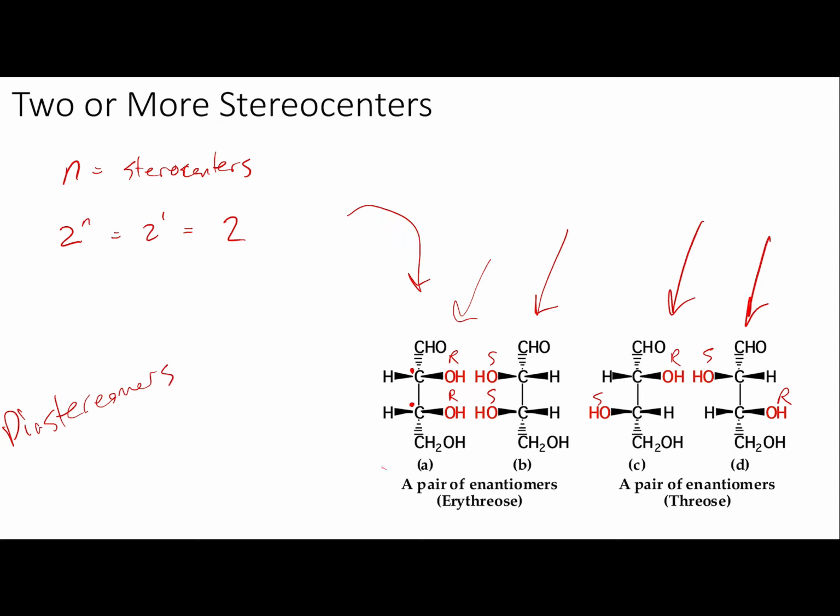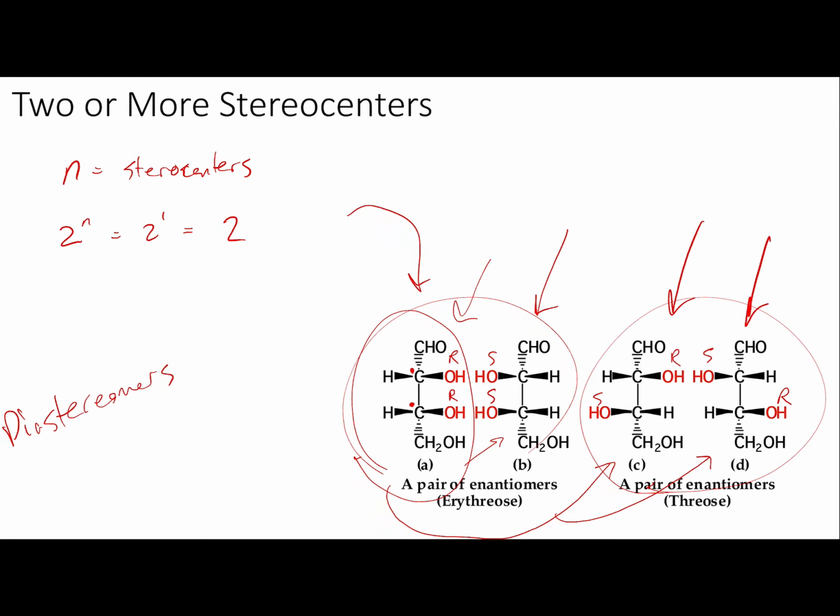So for example, this guy, while he is a mirror image with his enantiomer buddy, is a diastereomer with both of these because they are stereoisomers, but they are not mirror images of each other. So we have two sets of enantiomers, but all of the other relationships between the isomers are called diastereomers.